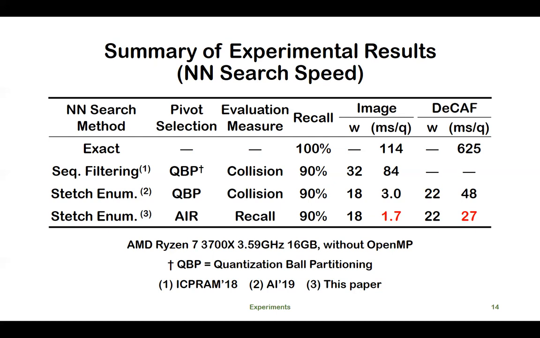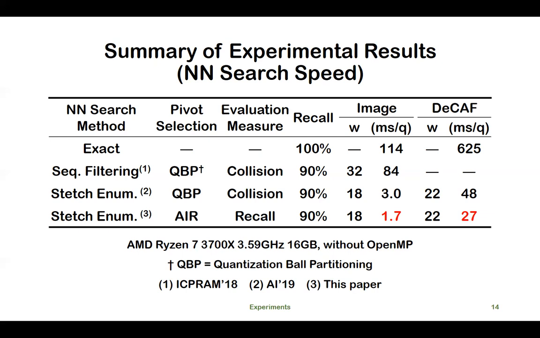For the search using sketches, the accuracy is set to 90%. Sequential filtering uses 32-bit sketches of the pivot selected by QBP to reduce the collision probability.